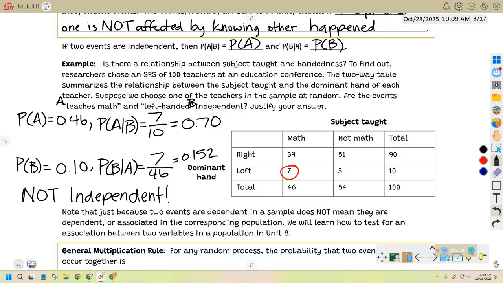Slightly less off than the first one, but still not equal to P(B) by itself. So these two things are not equal. These two things are not equal. Therefore, we know that these events are not independent. Knowing one does affect the probability of the other.